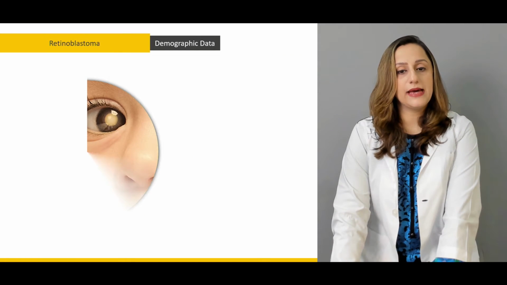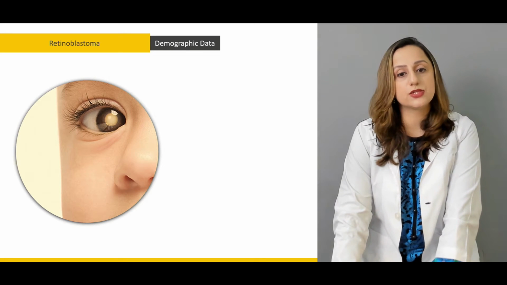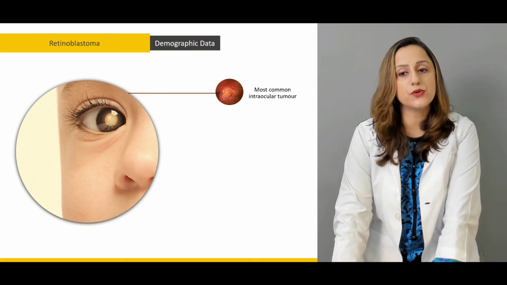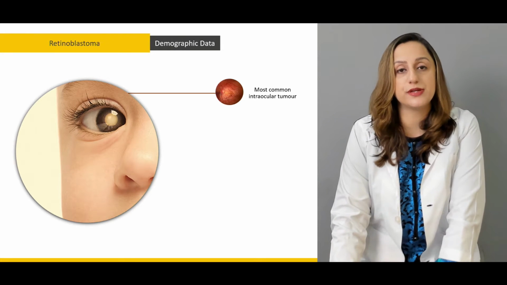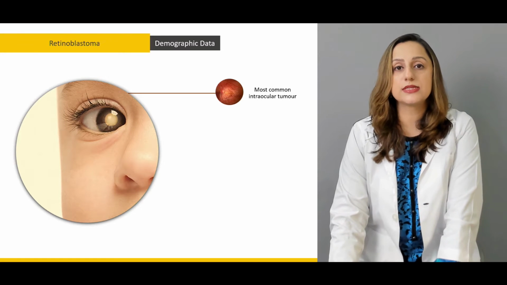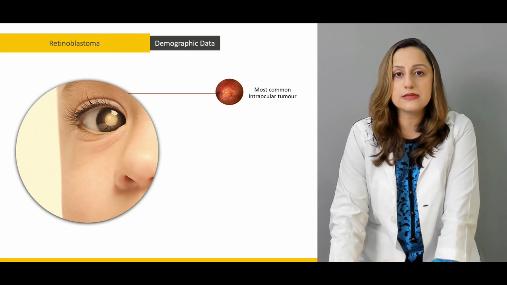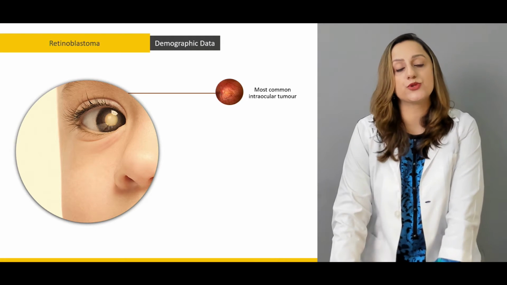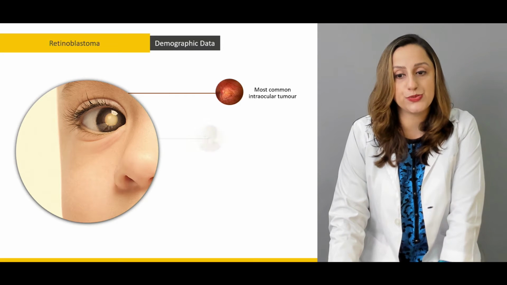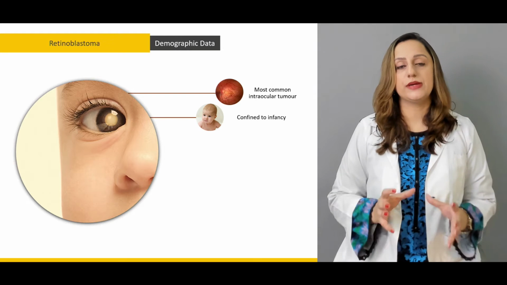Then, having the demographic data whenever we are considering the retinoblastomas, we just have to keep in view that it's basically the most common intraocular tumor that we're talking about. So it's most notorious, it's most malignant. The prognosis is not quite good for these patients, and it's also the most commonly occurring intraocular tumor. Then it's basically confined to infancy.